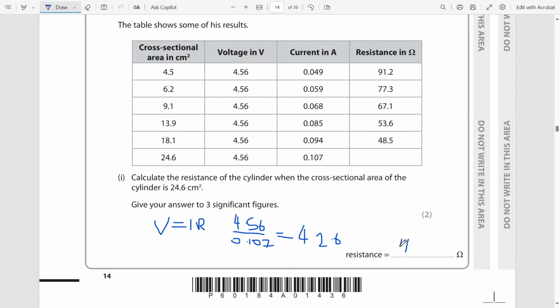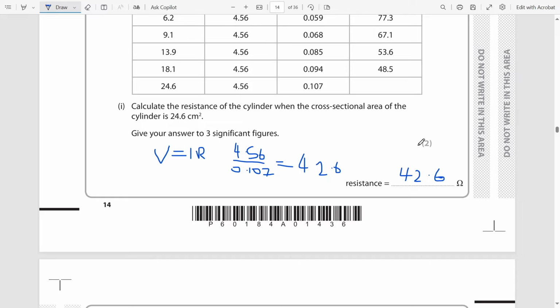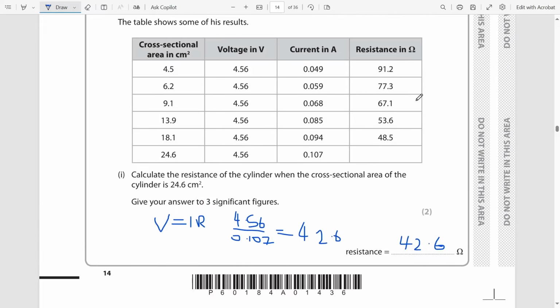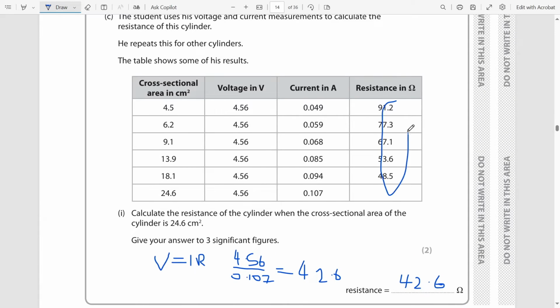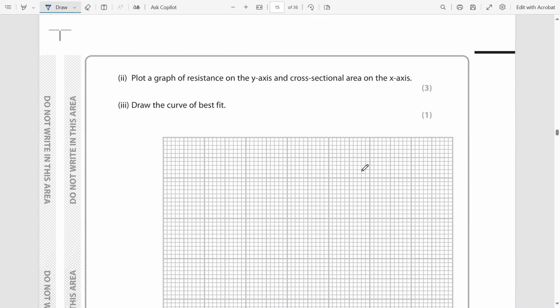So yeah, I like to put my answers to one decimal place. Usually it likes you to say like 43 or something, but actually for once it wants you to put 42.3. Oh, it makes sense actually, because this is the trend. Okay, so that's the answer.